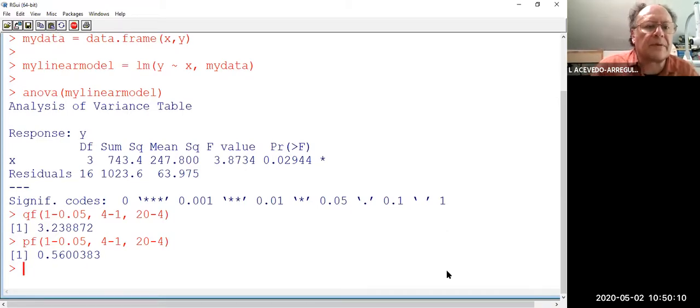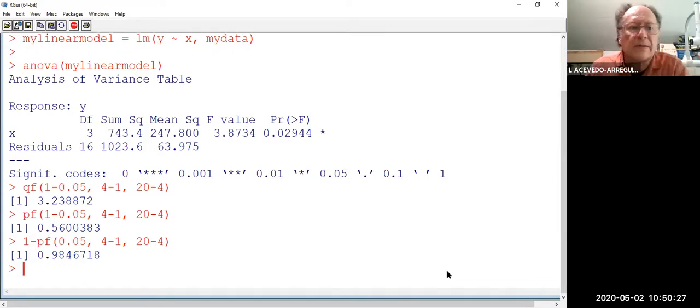Oh, there is a mistake here. So what I need to do is 1 minus PF. Sorry for the mistake. I need to stop this for a moment to check these mistakes.